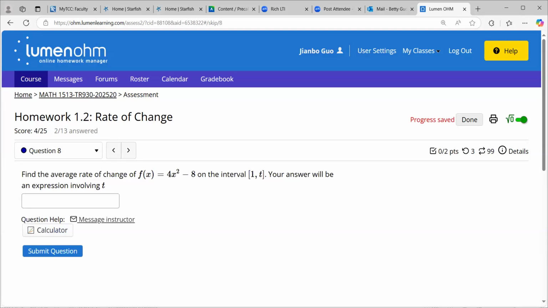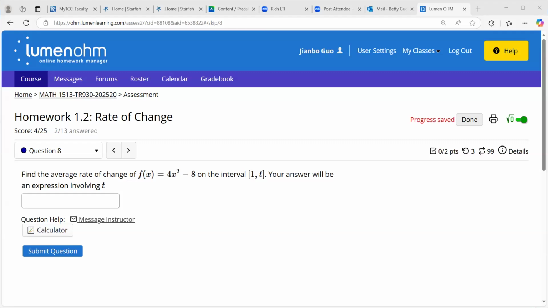Let me double check my solution here. 4x squared minus 8. Average rate of change. So 4t squared minus 8. When you plug in 1, it is 4, so minus 4. 4t plus, my answer is not wrong.